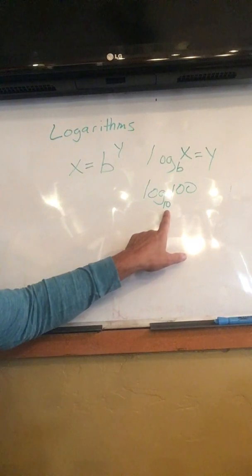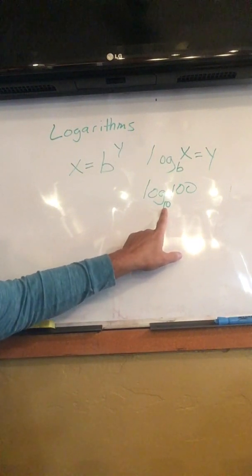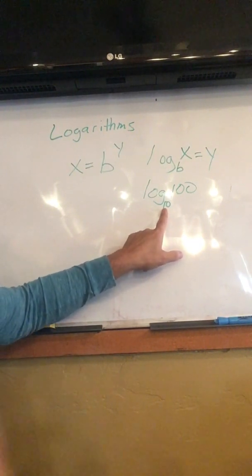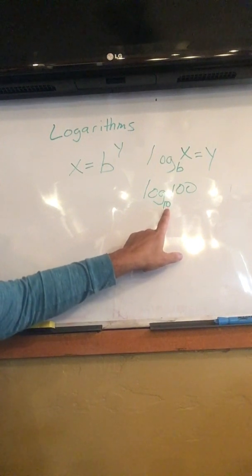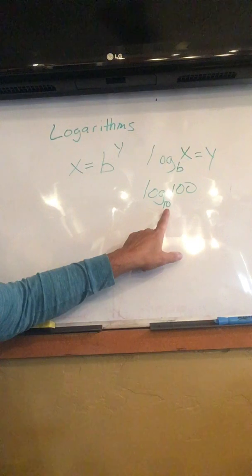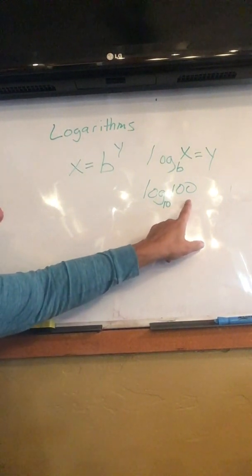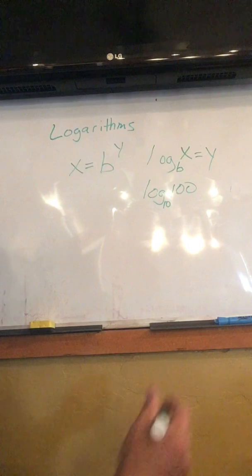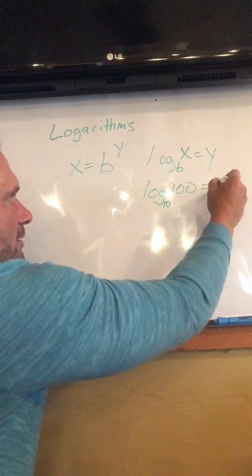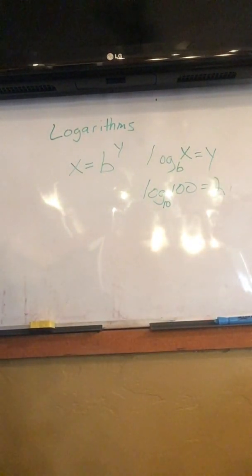In this case, we have base 10. So to solve this, your thought process can be 10 to what power is 100? 10 to the first power is 10, so that doesn't work. But 10 to the second power, 10 squared, is 100. So the log of 100 base 10 is 2.